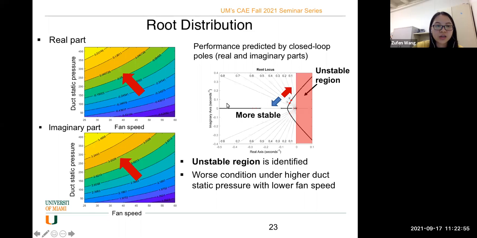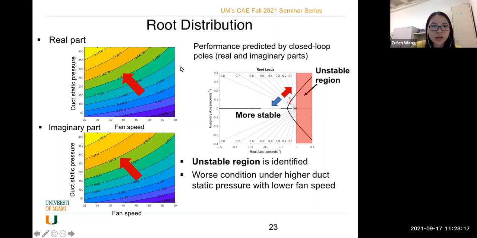If we plot the closed loop poles as root loci, we can see that as the fan speed decreases and the duct static pressure increases, the closed loop poles go this way, meaning the response becomes more aggressive.